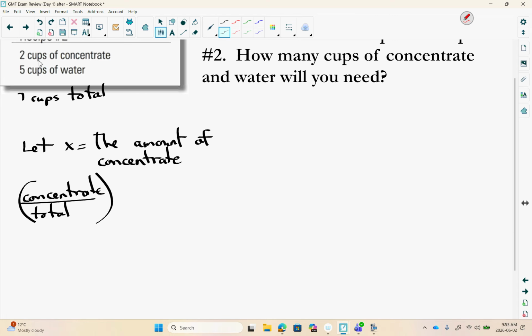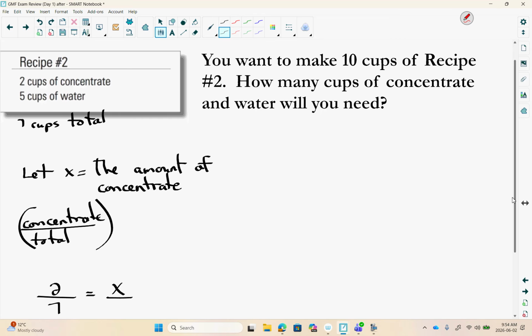Look at the given information. Concentrate on top, so I put 2 on top of 7. It equals. I'm looking for the amount of concentrate, so I'm going to put an X on top of what number goes here? Not 7. 10.